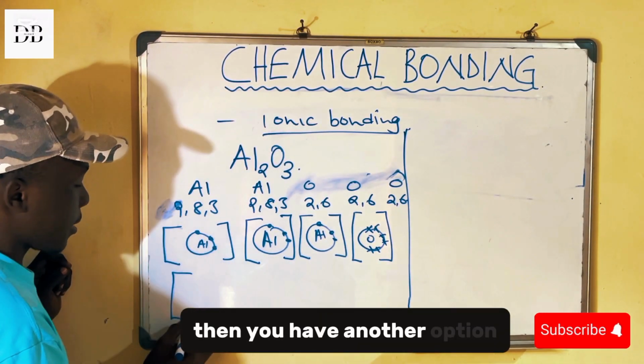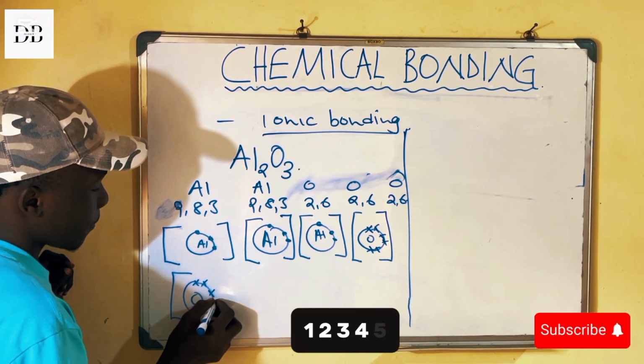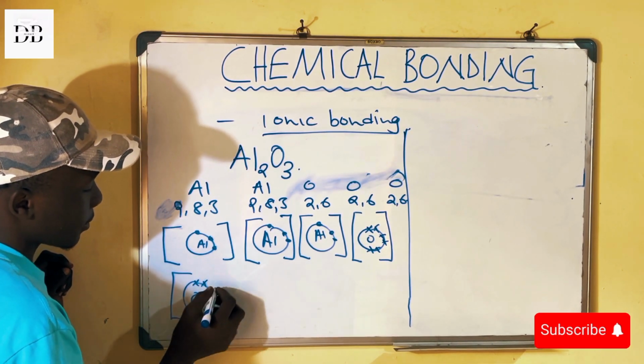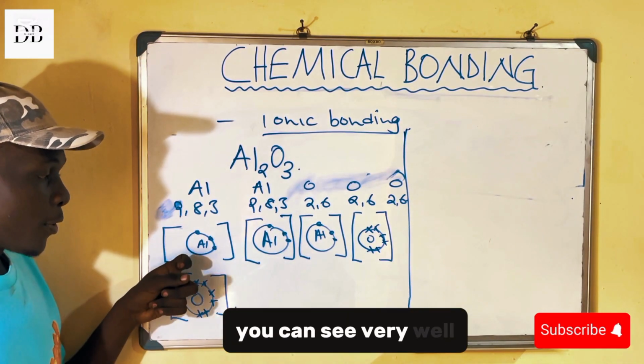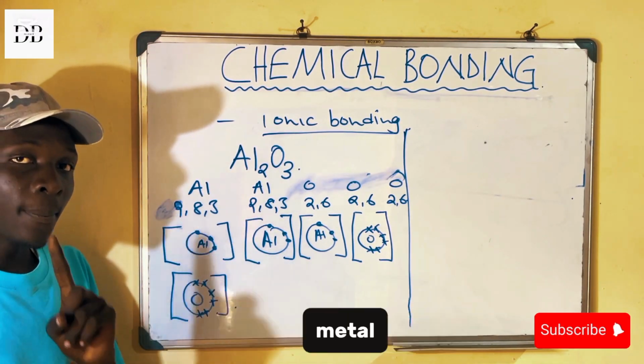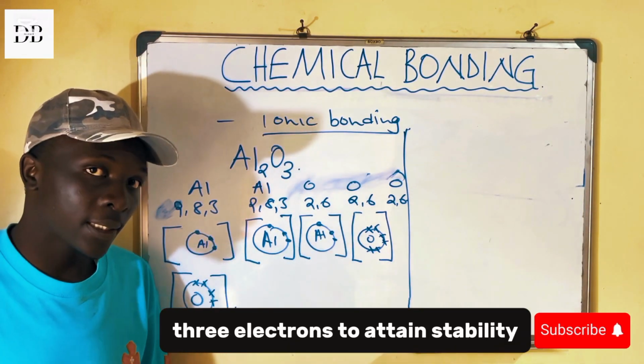Then you have another oxygen. 1, 2, 3, 4, 5, 6. Now if you look at this, you can see very well that aluminium is a metal, so it must lose its 3 electrons to attain stability.